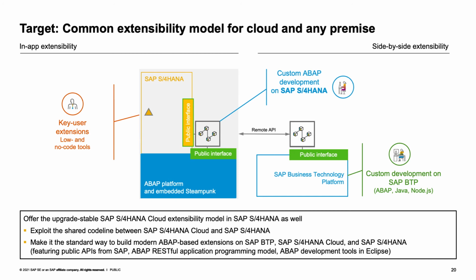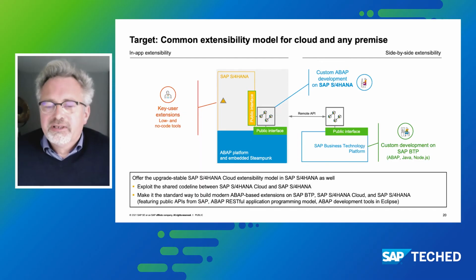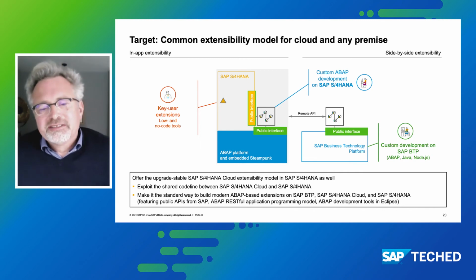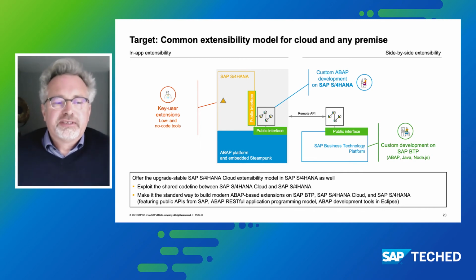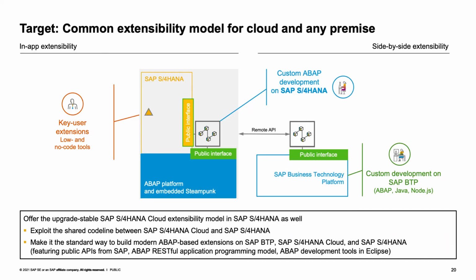Thank you, Felix. I would like to conclude our session with what SAP has as a target for this complete extensibility framework: that with this model of key user extensibility, with side-by-side extensibility with SAP Business Technology Platform, and our in-app developer extensibility with the RESTful application programming, this will be the extension model both for cloud and for any on-premise solution.